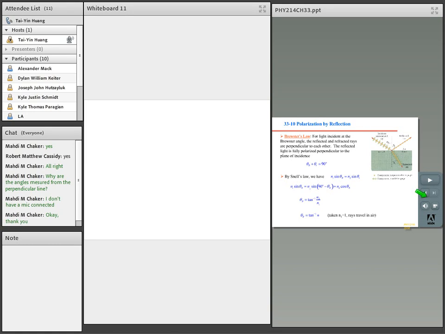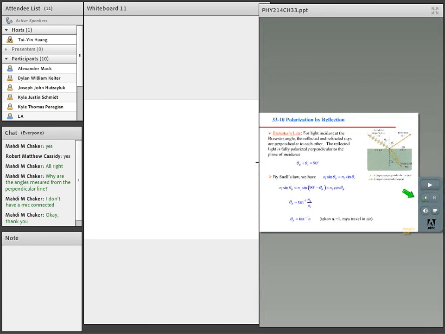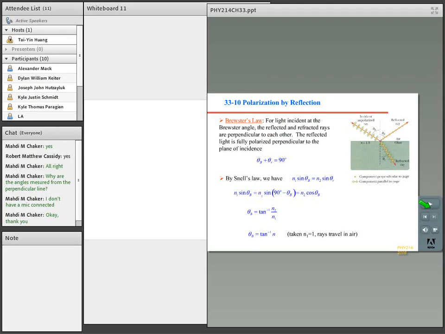So when it comes to light propagation, this one shows an example. Maybe I should enlarge this. If we are interested in studying how light propagates through different media, then you can see that this is what we call the normal.